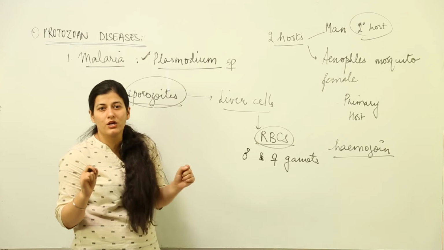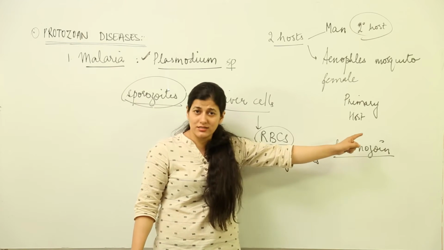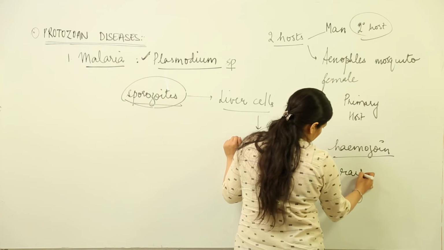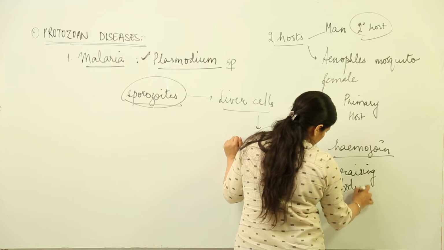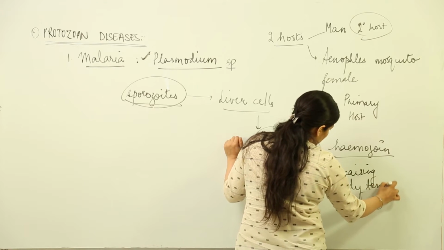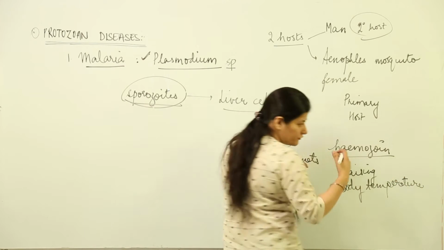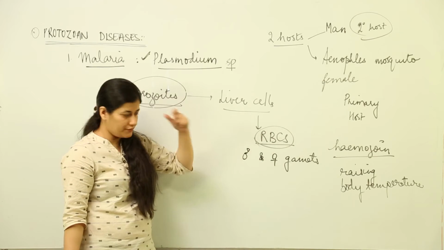They feel very, very cold. That is because whenever RBCs rupture, they release this compound known as hemozoin. It is responsible for raising the body temperature. That means the person would suffer from feverish chills. After a period, they are bound to suffer the feverish chills.